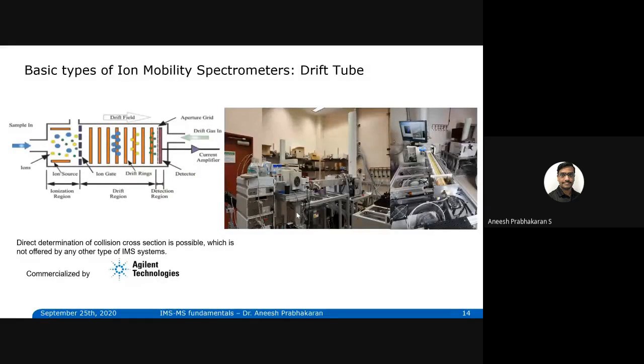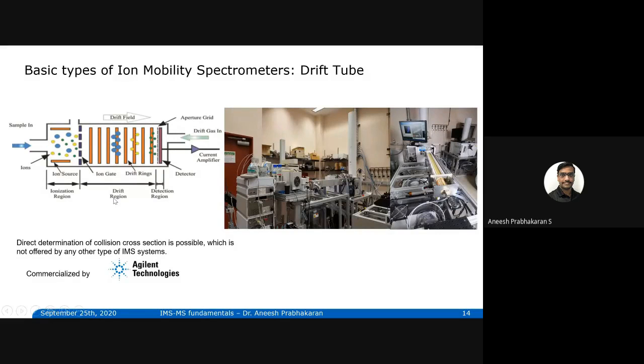What I explained up to now is the very fundamental form of ion mobility. Drift tube is the best example of such a basic ion mobility device. It's very simple. It has an ion source and then a chamber filled with gas. The gas can move or be static, and ions are allowed to pass through the background gas by applying a DC field. This is exactly like what I explained previously.